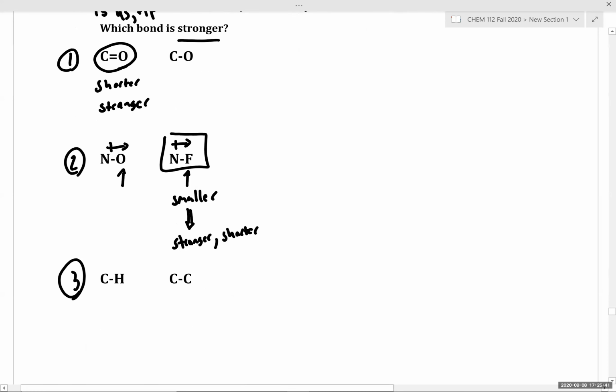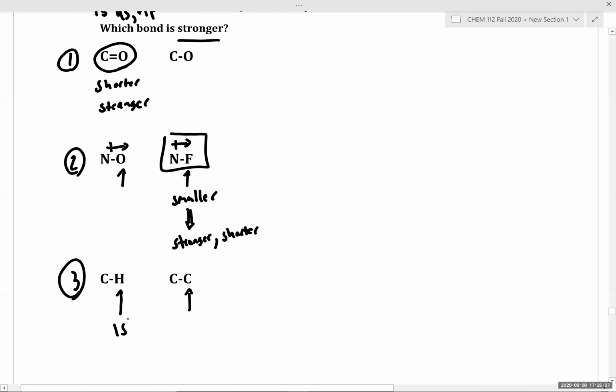So if we compare a carbon-hydrogen to a carbon-carbon bond, both of these bonds are functionally non-polar. However, if we look at our main point of difference, if we compare a hydrogen to a carbon, which atom is smaller? Which atom has a lower energy orbital used for bonding? Hydrogen.